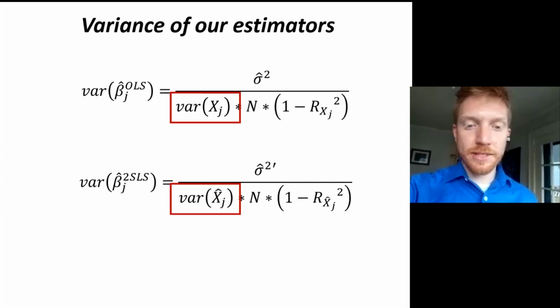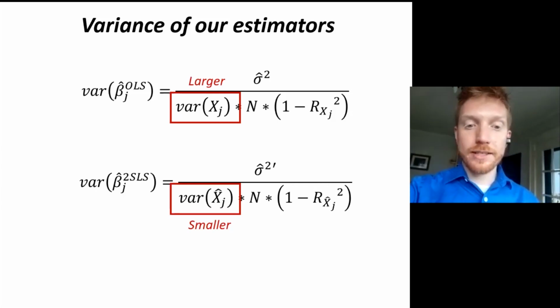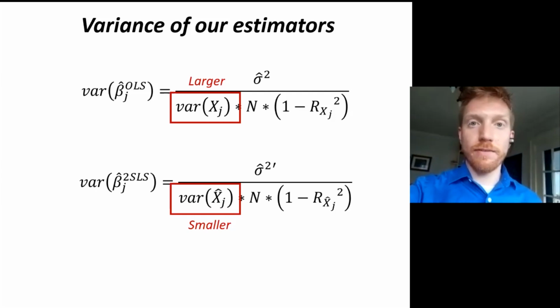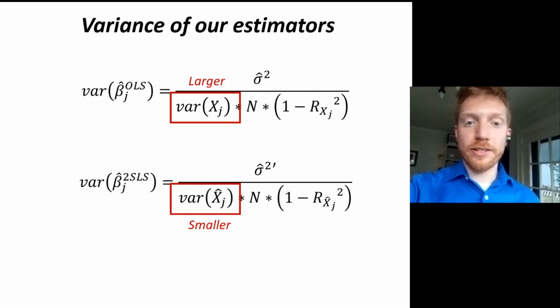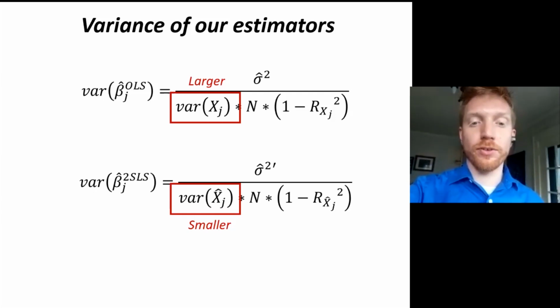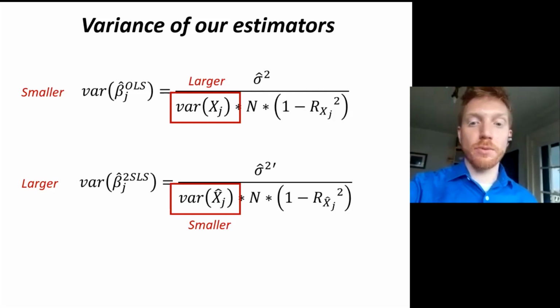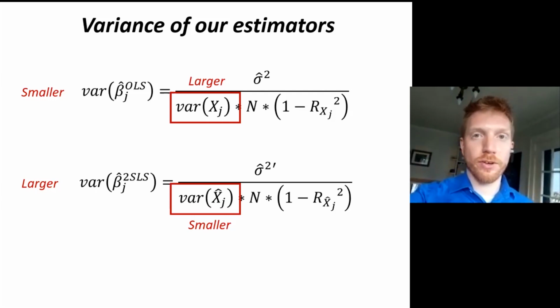So just to emphasize, here we have a larger variance of x, a smaller variance of x hat. And this means for the variance of beta hat, OLS versus two-stage least squares, that OLS is going to be smaller than the two-stage least squares.